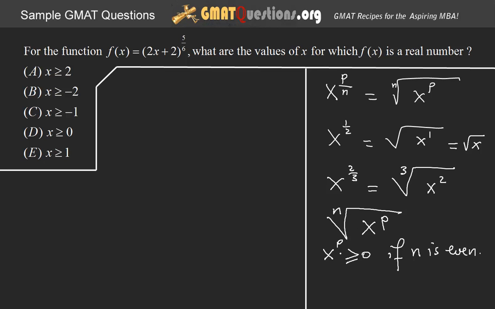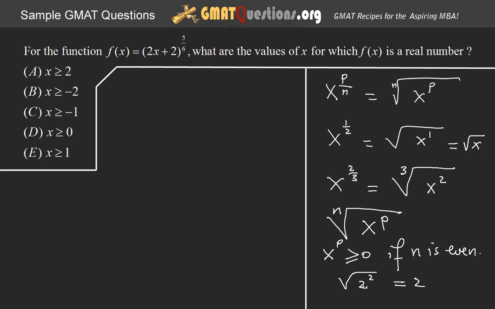Not only that, what is inside has to be non-negative, and when you have a square root, what comes out has to be non-negative too. For example, the square root of 4 is 2. It's not 2 and negative 2, it's just 2.